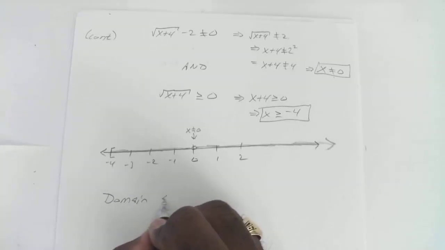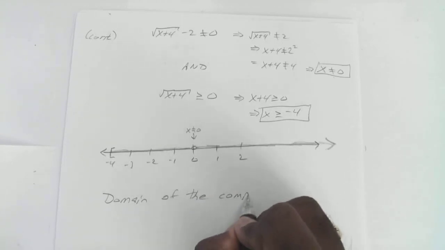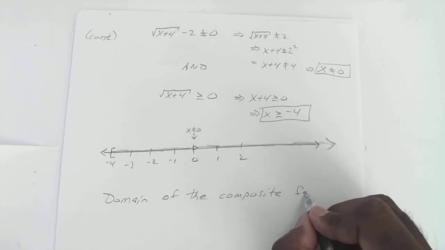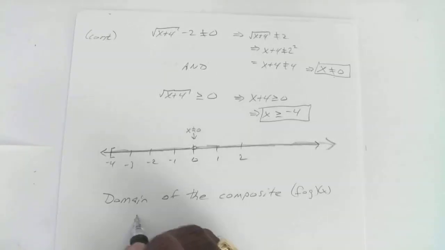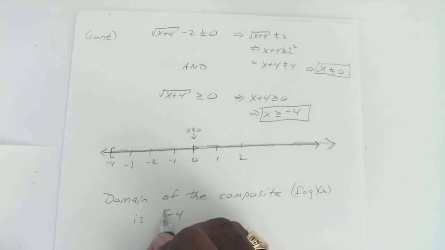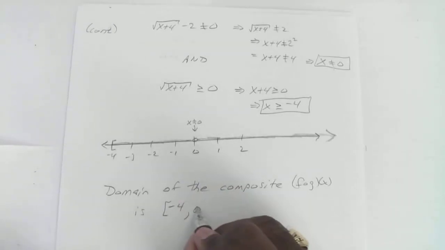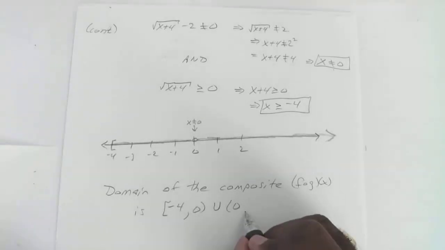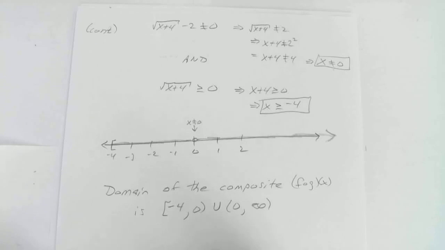Okay, so the domain of the composite f of g of x is all the way from negative 4, and we're going to include it, but it stops at 0, then it picks up on the other side and goes all the way to infinity.